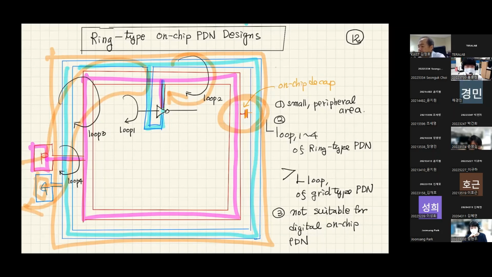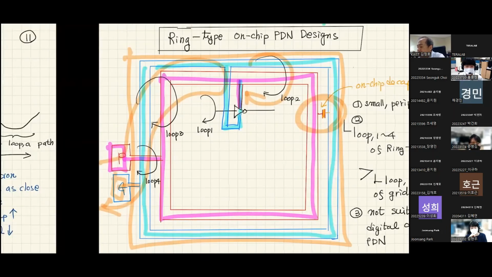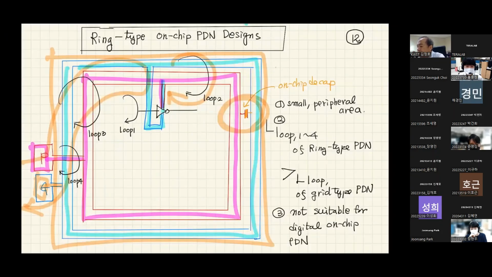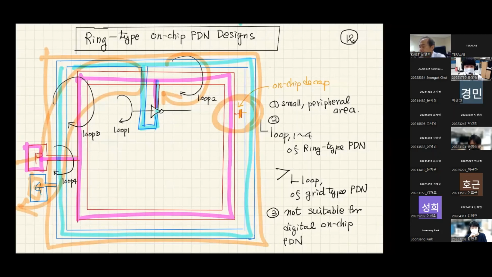And depending on your PDN type, sometimes it could be ring type, or sometimes finger type, the loop 1 and loop 2 inductance will be different. So when you are designing on-chip interconnection, you have to consider the total inductance and resistance when you are choosing different types of PDN.